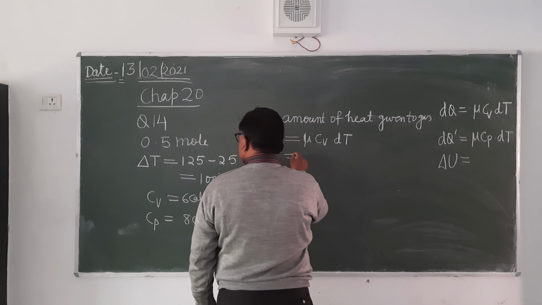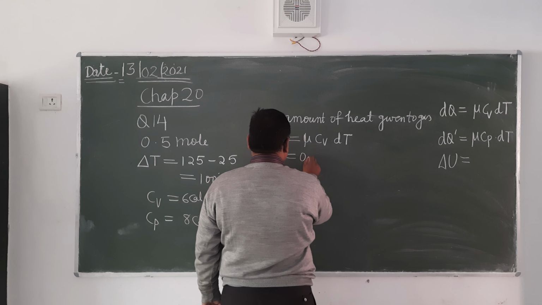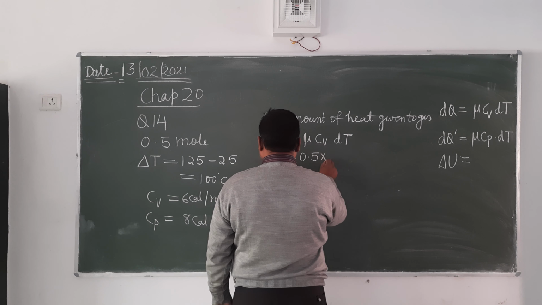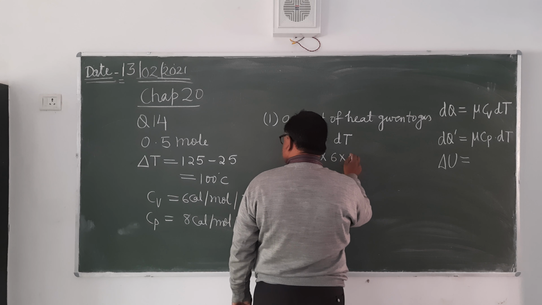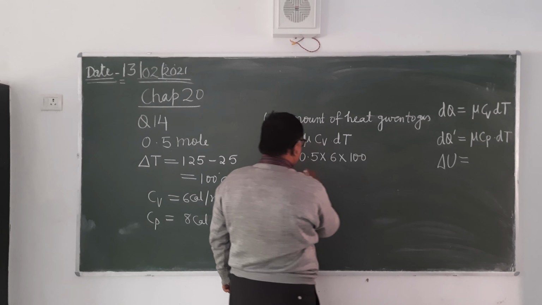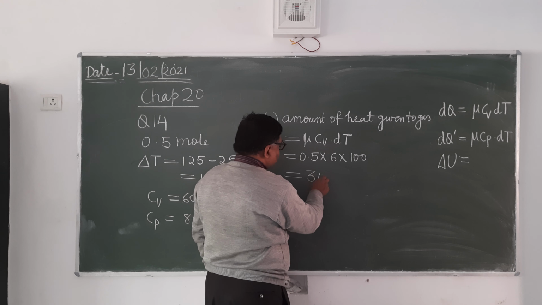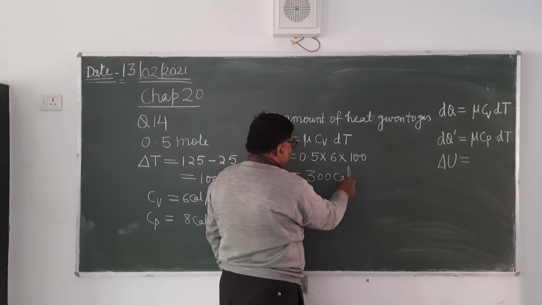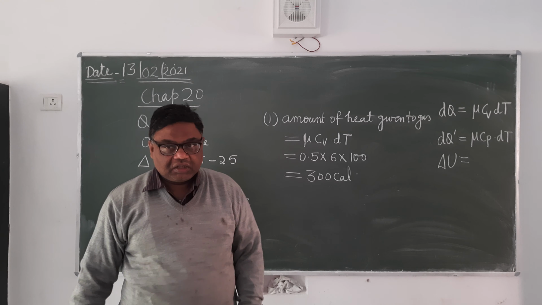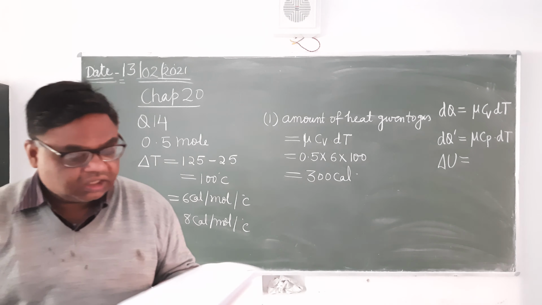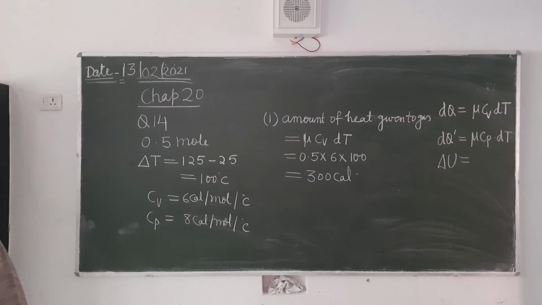Mu is 0.5, Cv is 6 and dT is 100. So it will be equal to 300. Answer will come out in calorie, 300 calorie. It's clear? This is the heat.